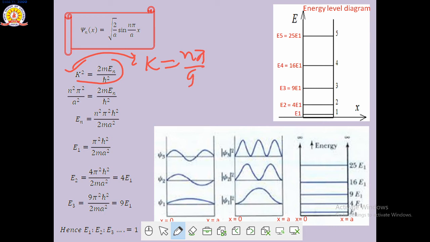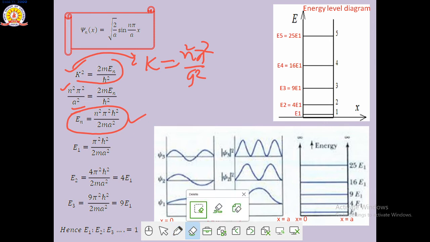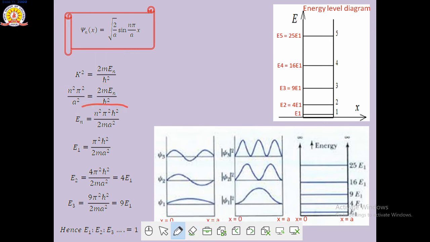It will be n square π square upon a square, and the energy will be like that: En is equal to n square π square h cross square upon 2m a square. It is called the eigen energy value of the particle in the one-dimensional box.